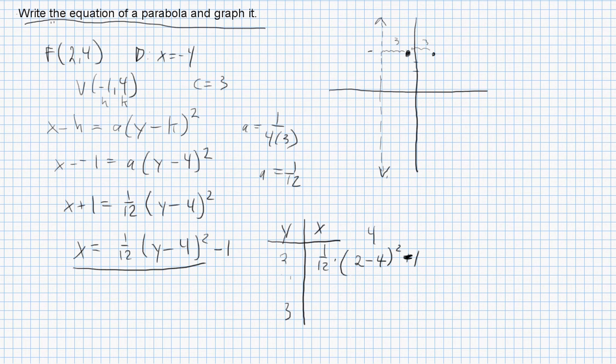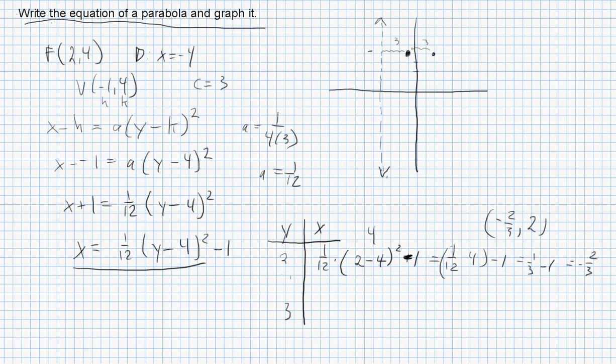So it's 1/12 times 4, minus 1. 1/12 times 4 is 4/12, that's 1/3, minus 1, which is -2/3. So our ordered pair there is x equals -2/3, and y is 2. So there's our ordered pair.